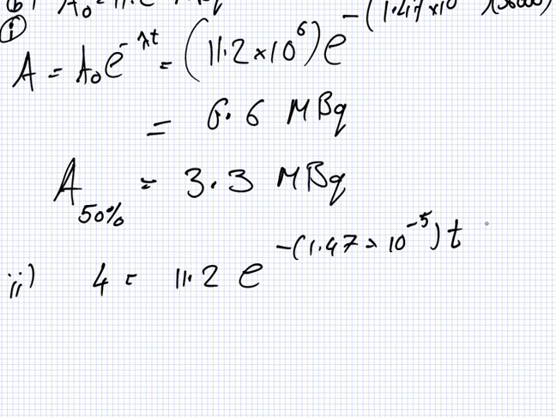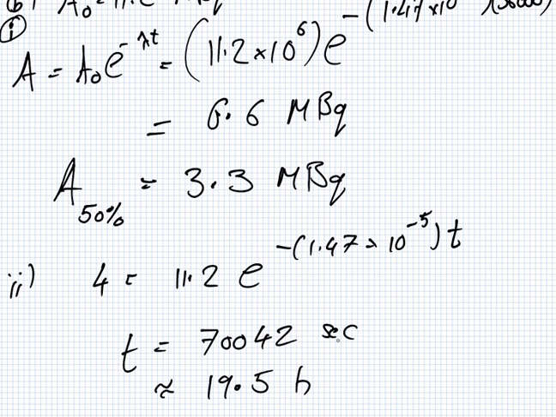You know how to solve this from math class. 4 divided by 11.2, log the answer, divided by 1.47 times 10 to the power of minus 5. So you end up getting t is 70,000 seconds, roughly. Or if you want, that's roughly 19.5 hours.